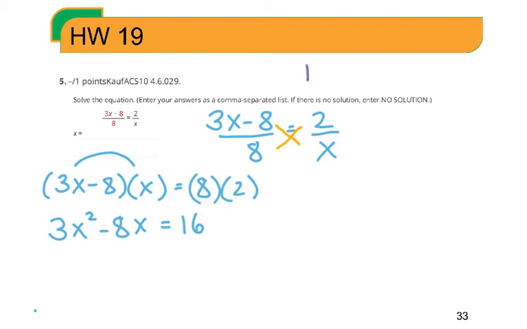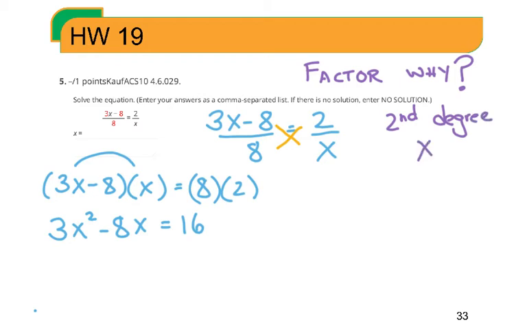Okay, we are going to have to factor because it's not a first degree equation. It's a second degree equation. We have an x squared. So we need to get the expression on one side and 0 on the other.